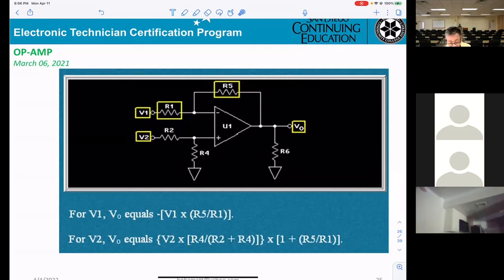If you want to calculate for V1 only, V2 should be grounded. So now I want to calculate V1. What is the configuration for this op-amp? Inverting.